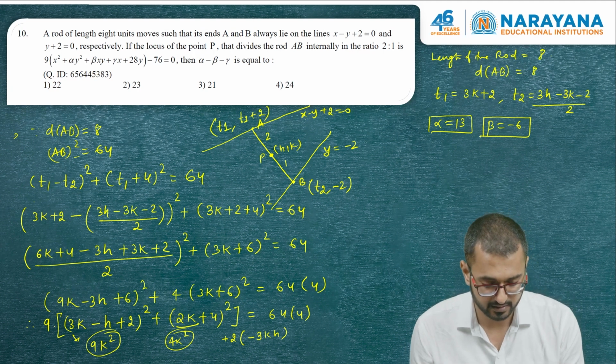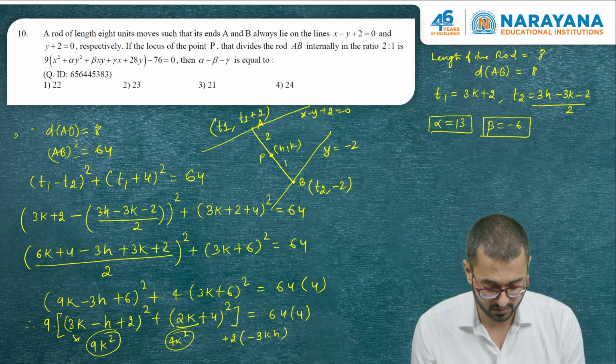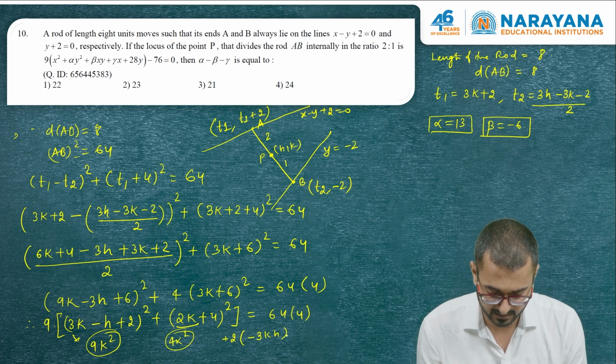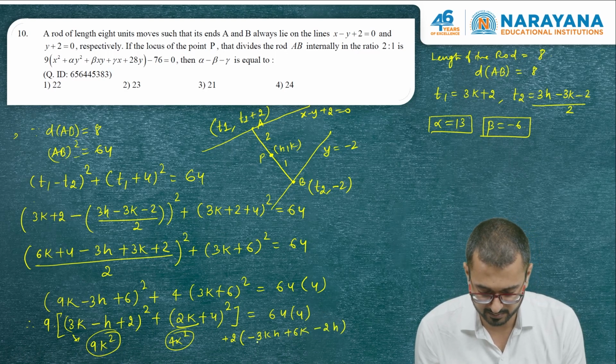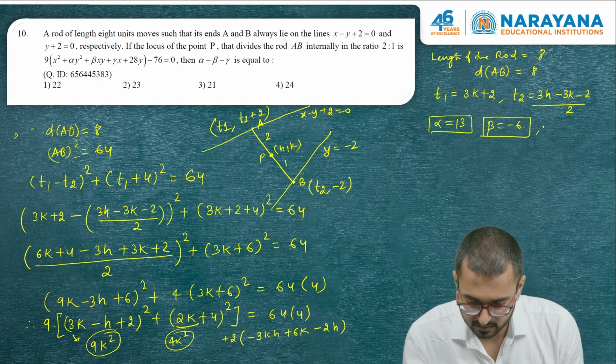And also we need the coefficient of x only. So the coefficient of x we will get only when we get this 2 times minus 3kh, and then plus 6k, and then minus 2h. So that means this is again minus 2. So that means gamma is minus 4.